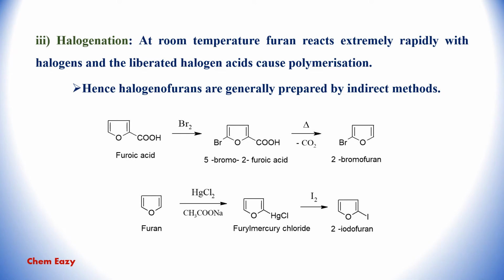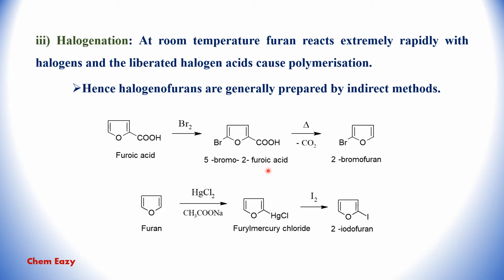Furan reacts extremely rapidly with halogens at room temperature, and during this reaction the liberated halogen acids cause polymerization. So the halogenofurans are generally prepared by indirect methods. For example, furoic acid, which has a carboxyl group at second position, on bromination is brominated at the fifth position and produces 5-bromo-2-furoic acid.